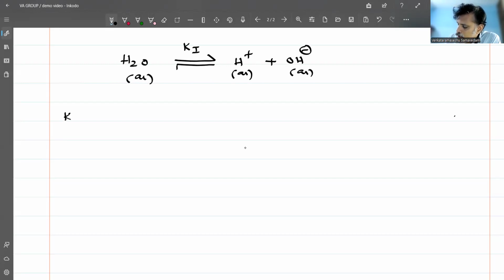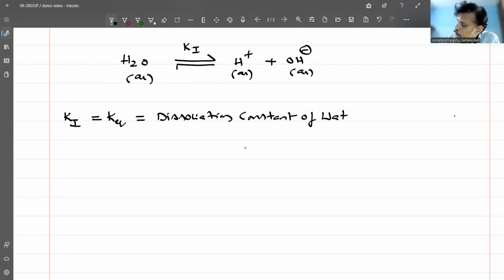So here Ki is an equilibrium constant, said to be the dissociation constant of water, like Ka in the case of weak acids.